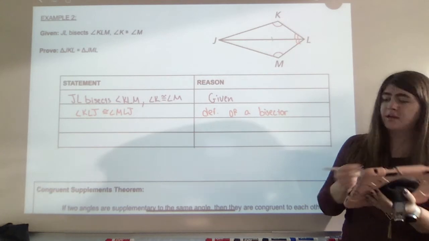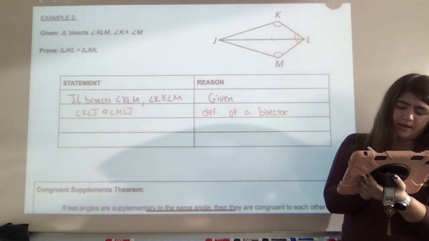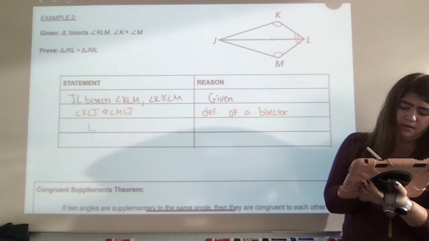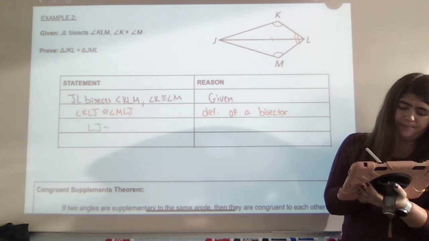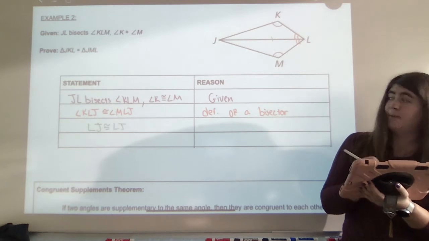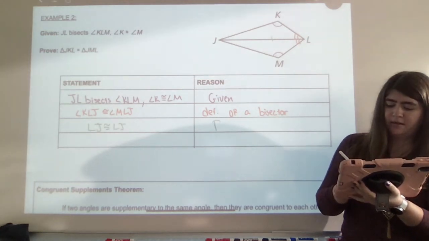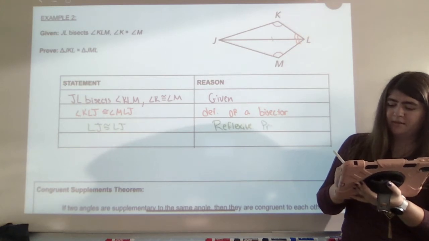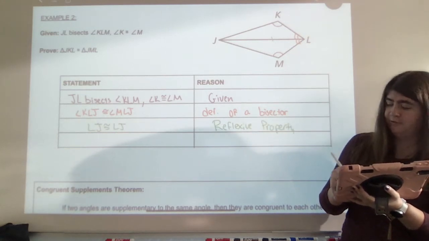Because it is shared, that means that I can say that LJ is congruent to side LJ. And if you remember what that property is, that is the reflexive property, which says that something is congruent to itself.